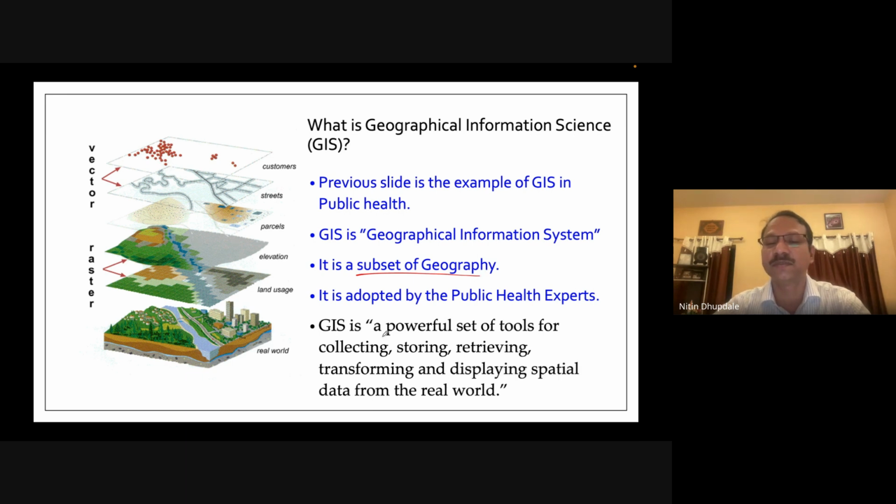GIS is a powerful tool for collecting, storing, retrieving, transforming and displaying spatial data from the real world. So we collect it, store it, transform it, and produce it in the form of maps, and then do the analysis to draw some inferences.